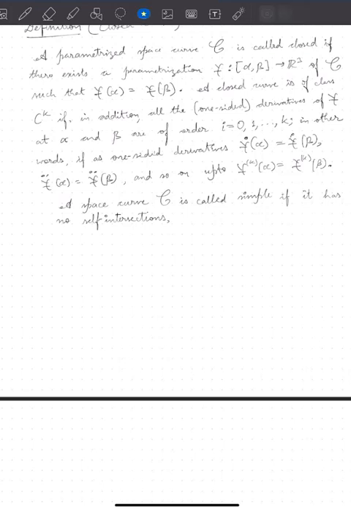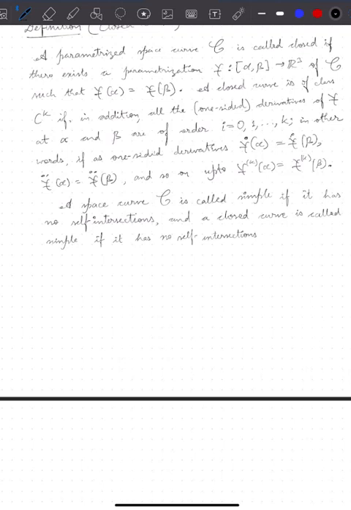Okay, so a space curve C is called simple if it has no self intersections, and a closed curve is called simple if it has no self intersections except the endpoints.